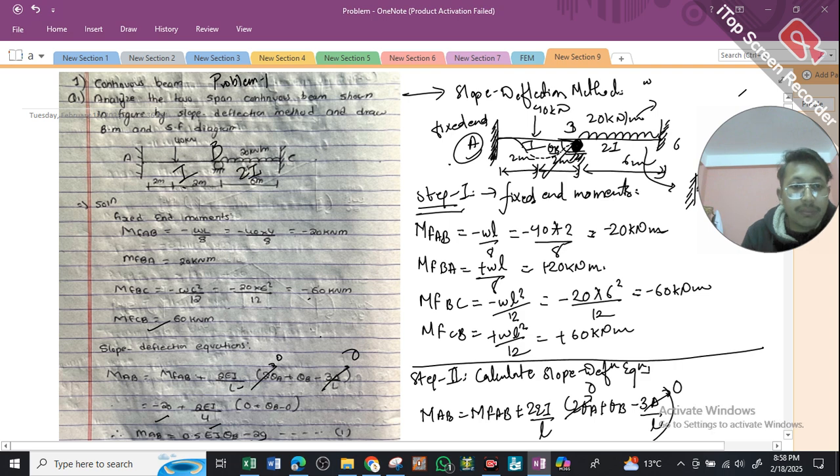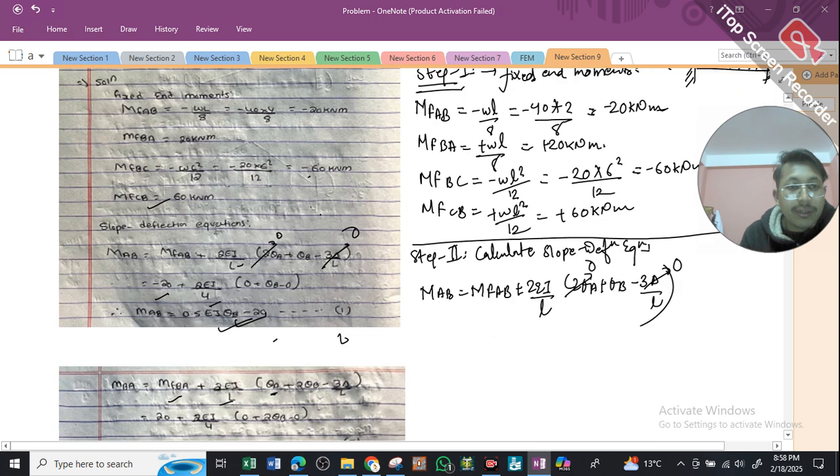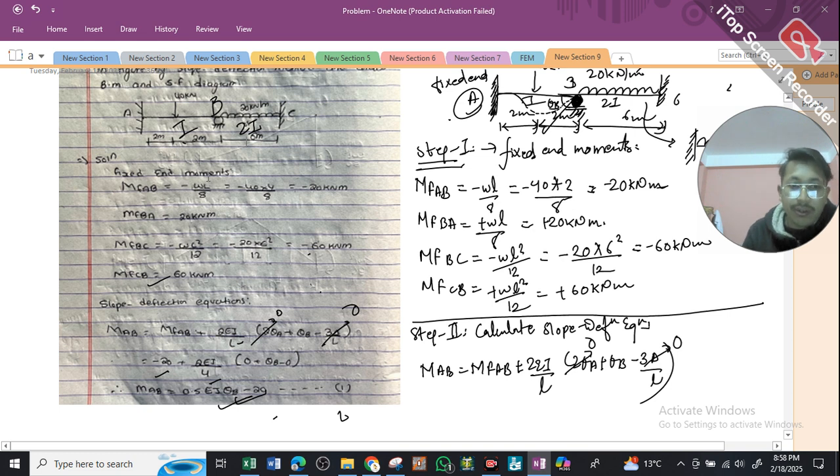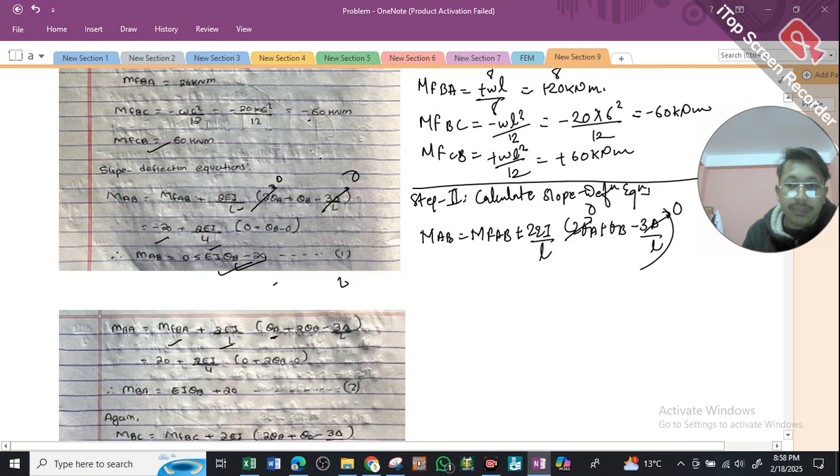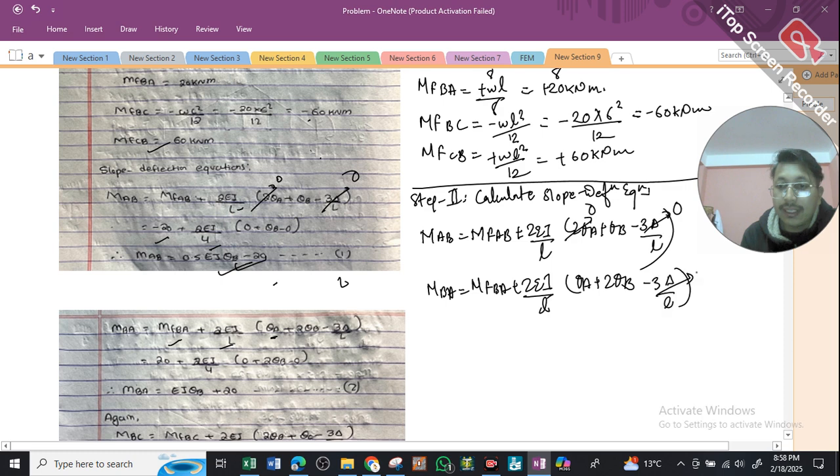Again, we calculate MBA for member BA. Let me write down the formula: MBA will be the fixed end moment BA plus 2EI by L times theta A plus 2 theta B minus 3 delta by L. Again the settlement is 0, and theta A is 0 because we are looking at the same case scenario.